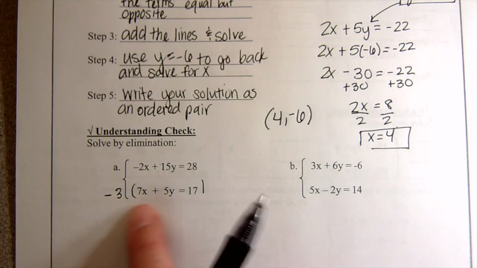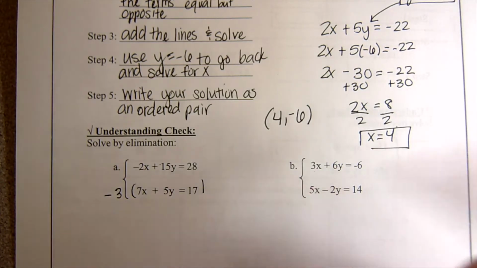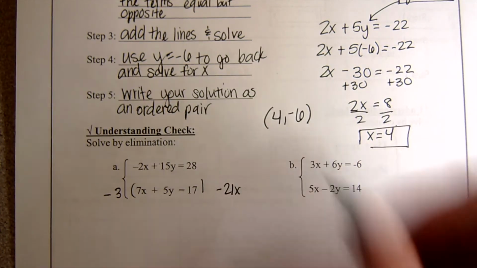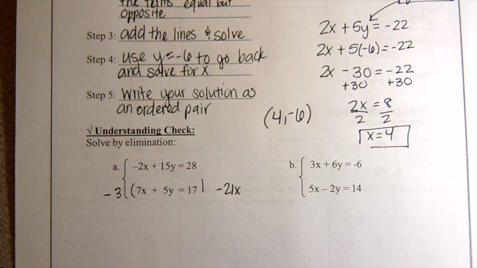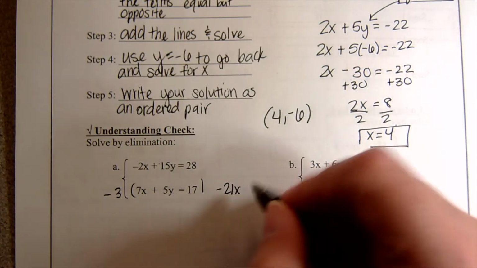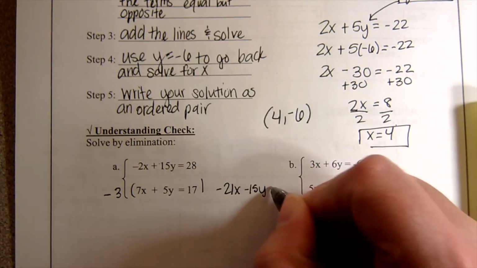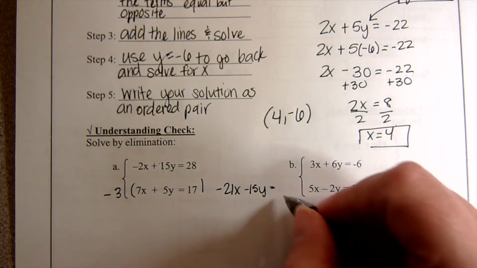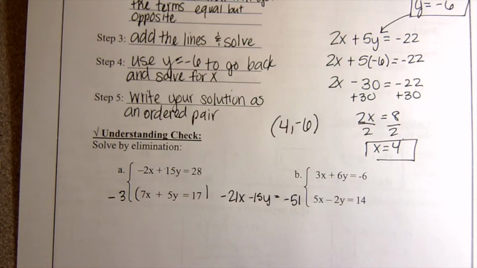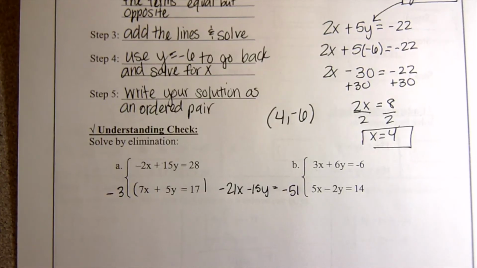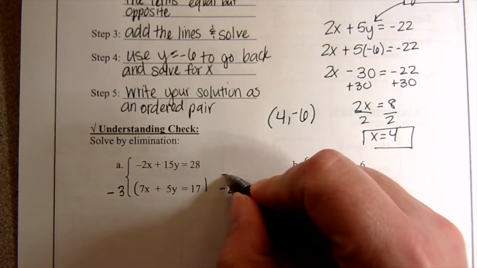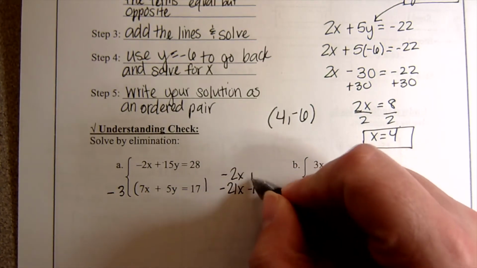So negative 3 times 7x is negative 21x. Negative 3 times 5y, negative 15y, equals negative 3 times 17 is negative 51. Make sure that you multiply to both sides of the equal sign. And then keep that first equation exactly as it was.